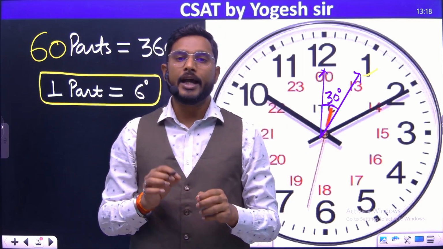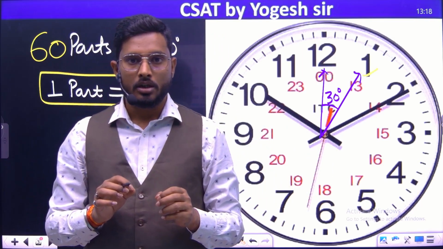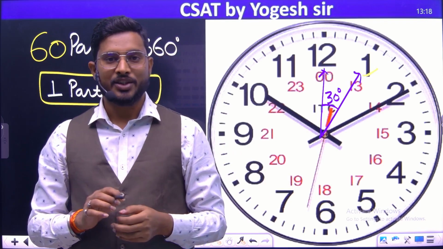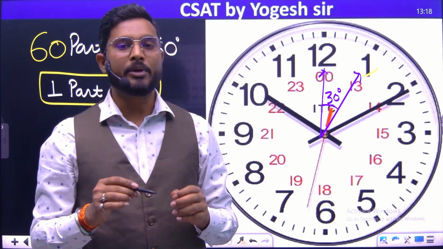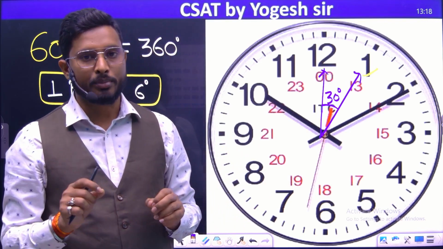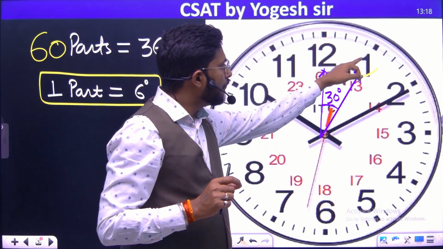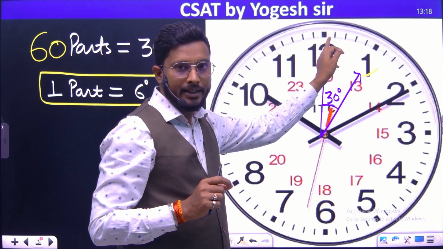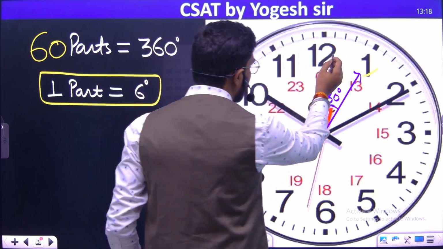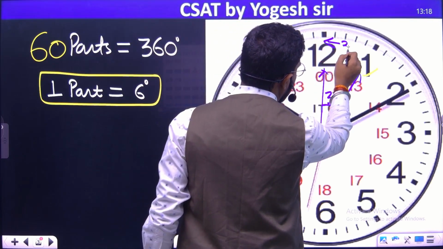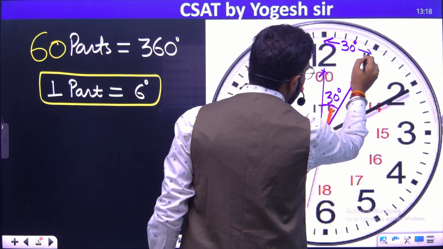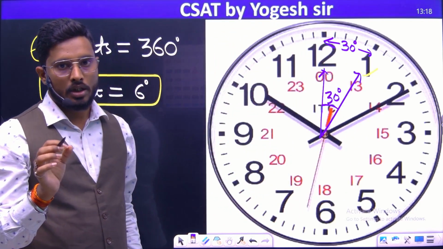If you are facing any problem at any minute, you can say, and I will try my best to resolve your problem. So the angle between 12 and 1 is 30 degree.